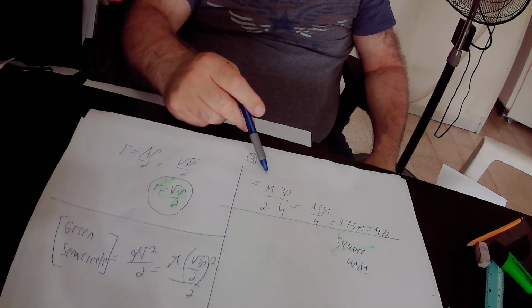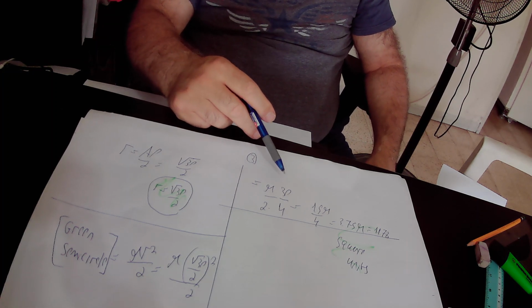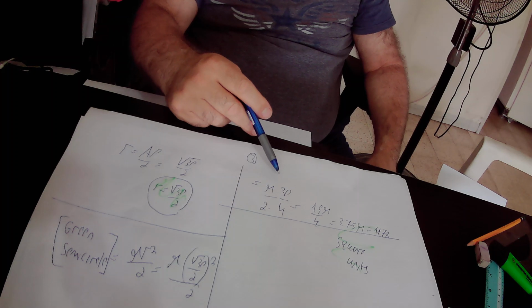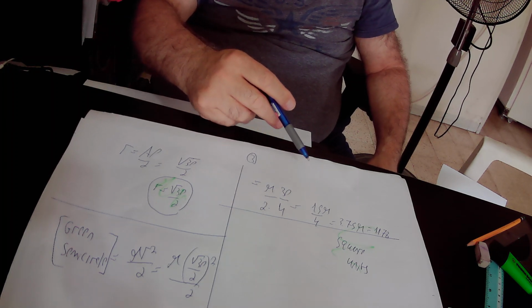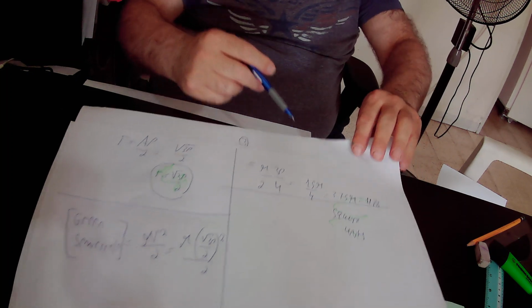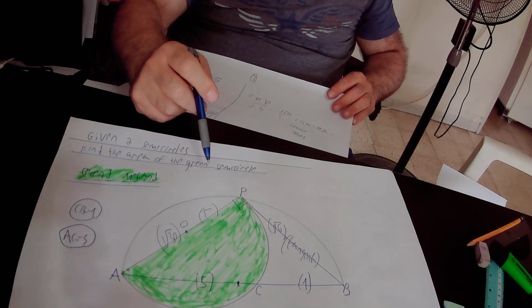So in total, the area of the green semicircle equals 30 pi over 2 times 4. Here 30 over 2 is 15, therefore in total this expression equals 15 pi over 4 square units.